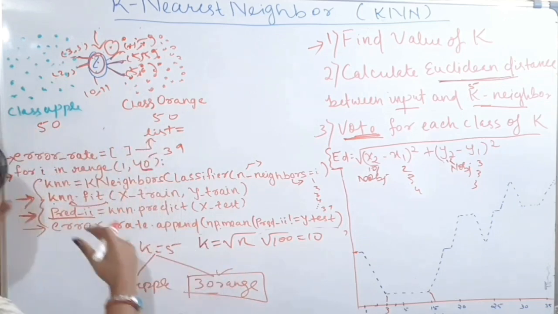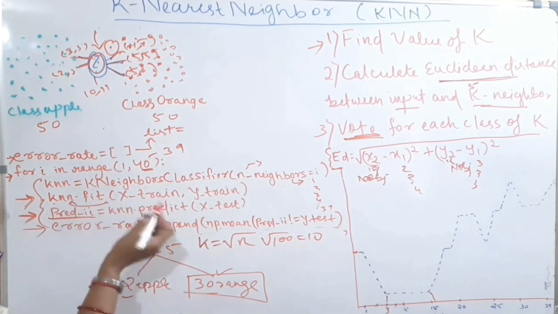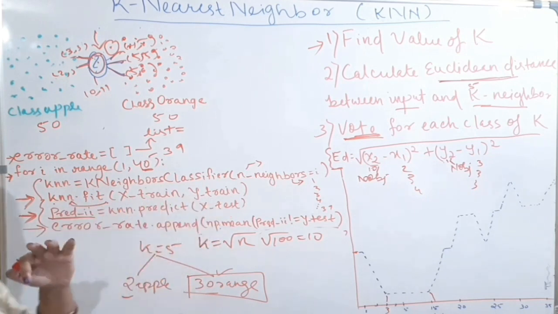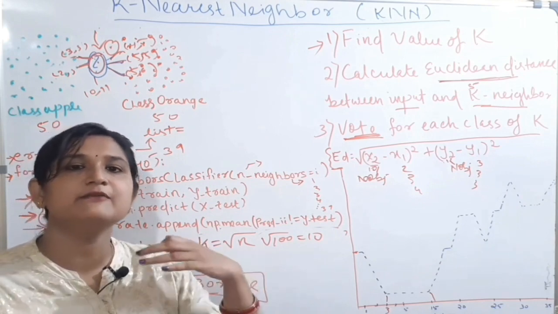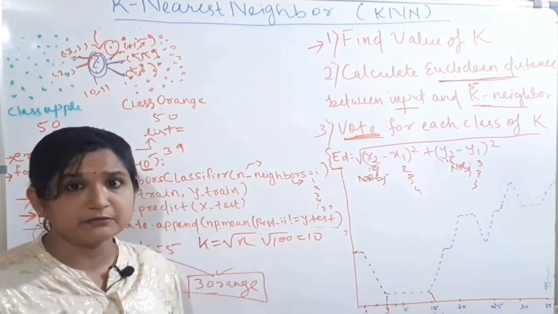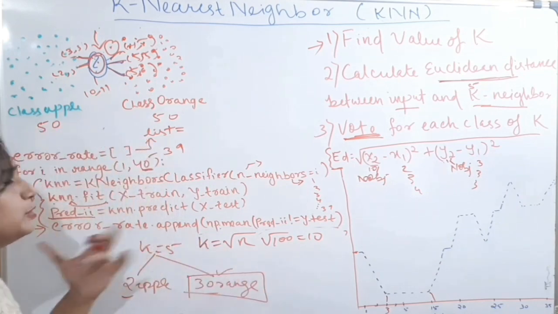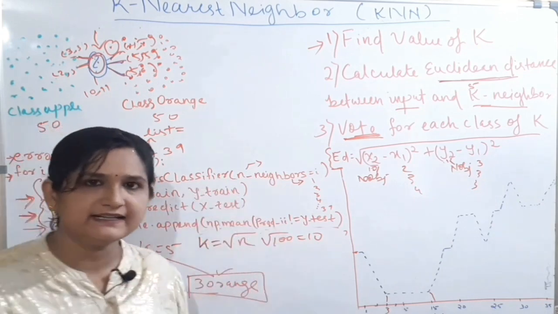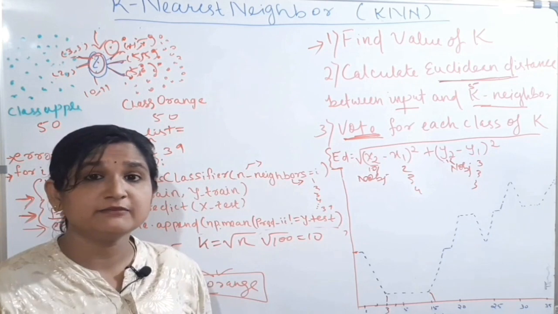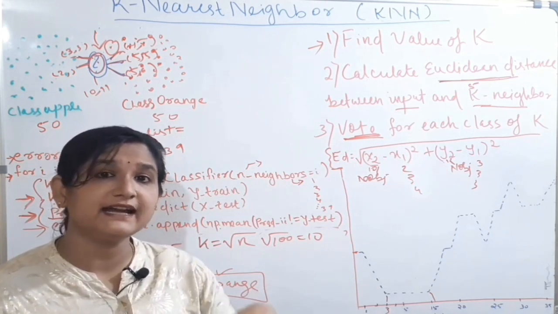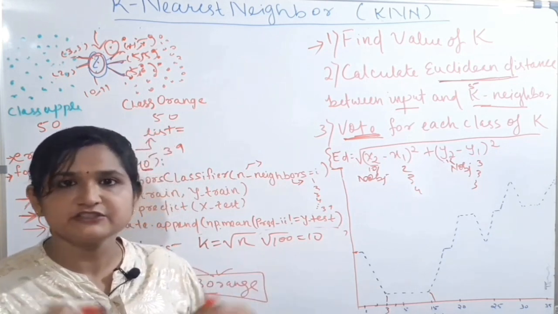Okay, so after that what I have to do, now knn dot fit x train, y train, I have to fit the knn function, k neighbors classifier. I have to fit means I have to train the k neighbor classifier. After training I have to predict. After providing training, next step is to predict. I mean, after giving training, the algorithm will give you the prediction that the new object belongs to which category.